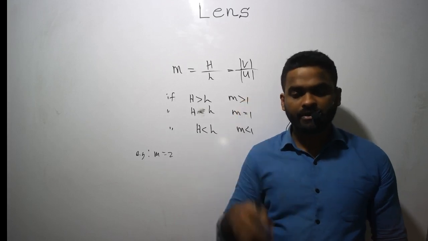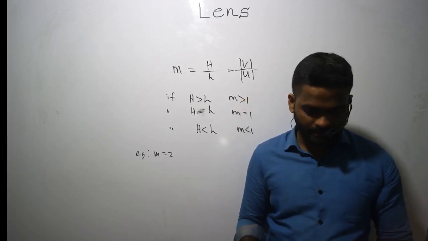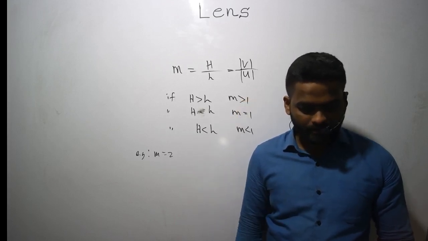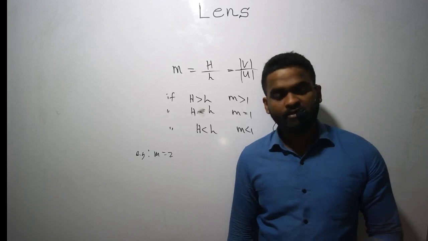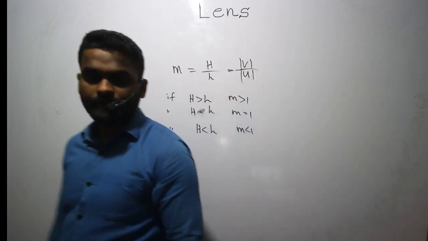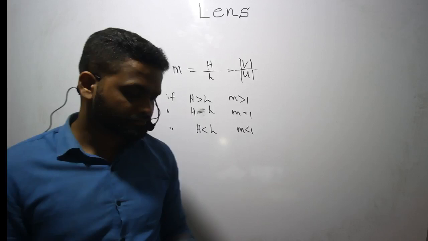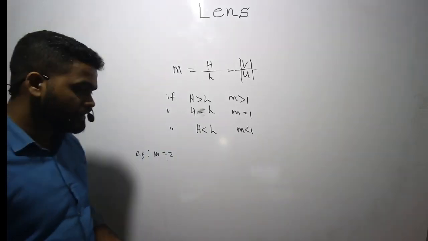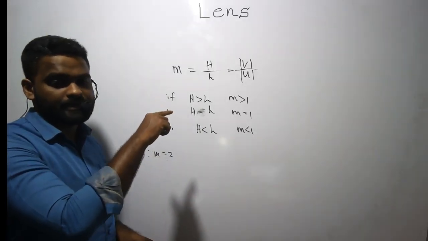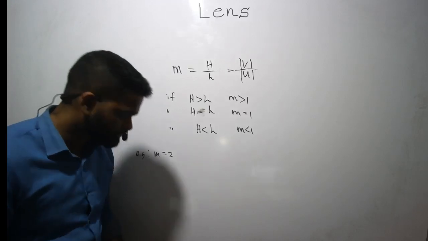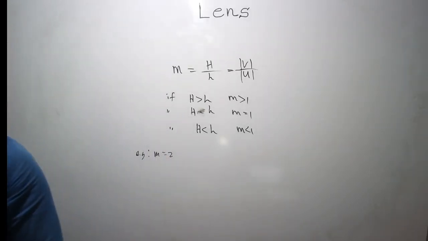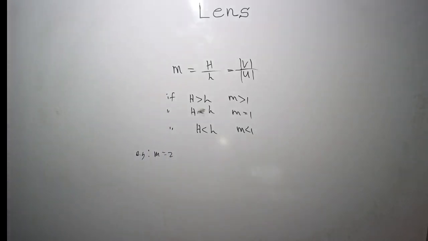Then write down the topic: variation of simple v and simple u, for a convex lens.